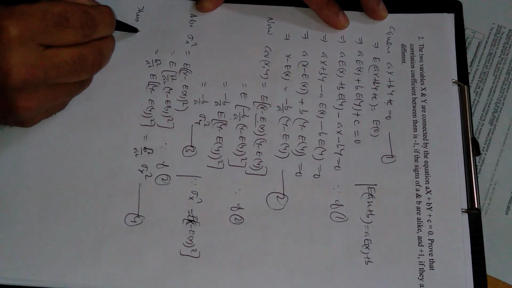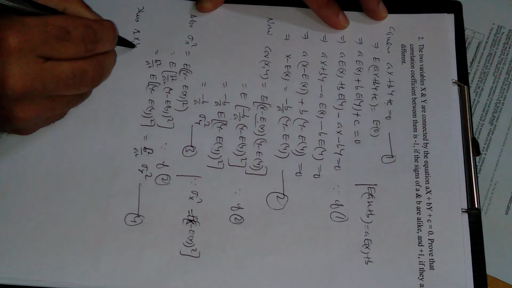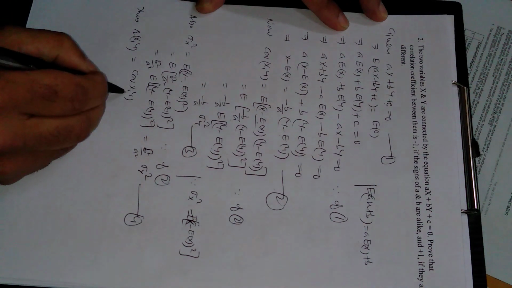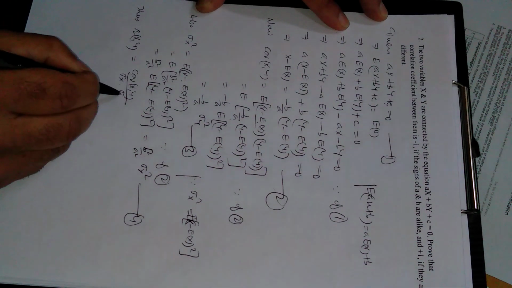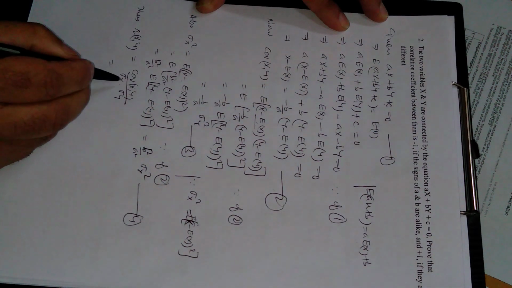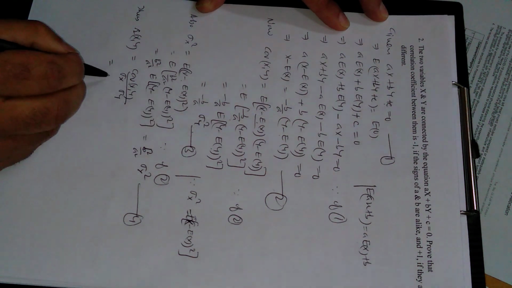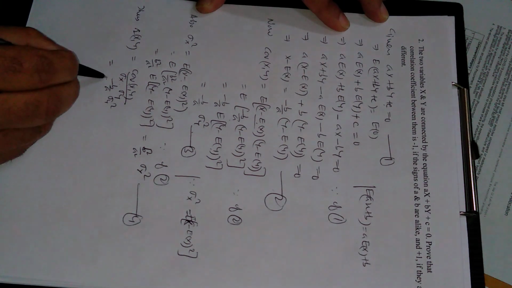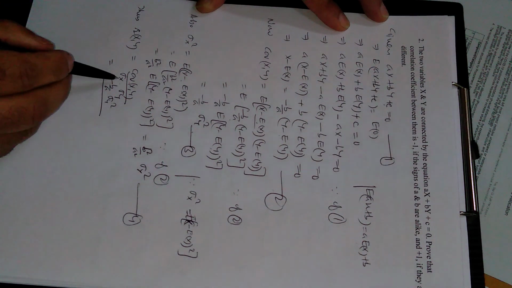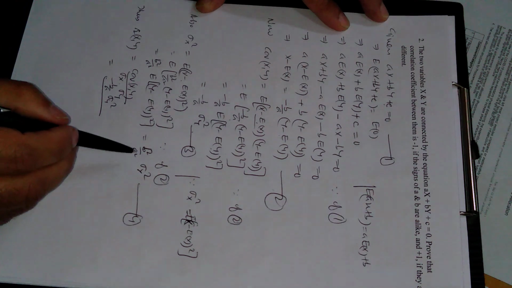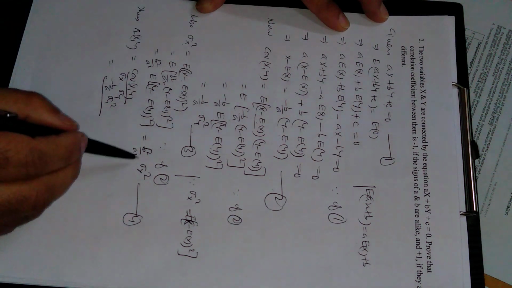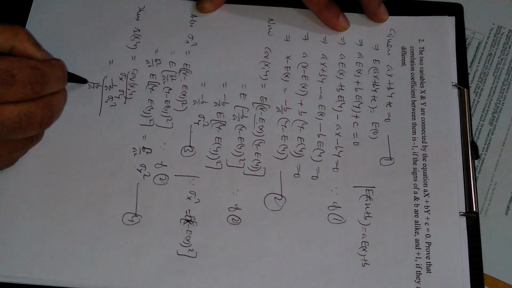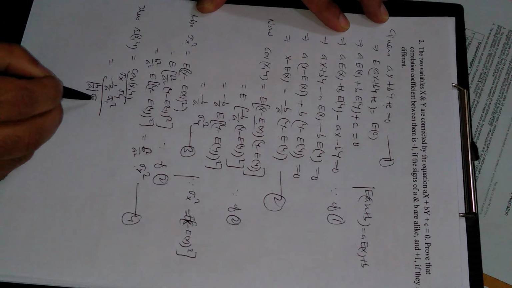Thus, the correlation coefficient between x and y is covariance between x and y divided by standard deviation with respect to x and standard deviation with respect to y. Covariance from equation 3 is minus b upon a, variance with respect to y, whole divided by sigma x.